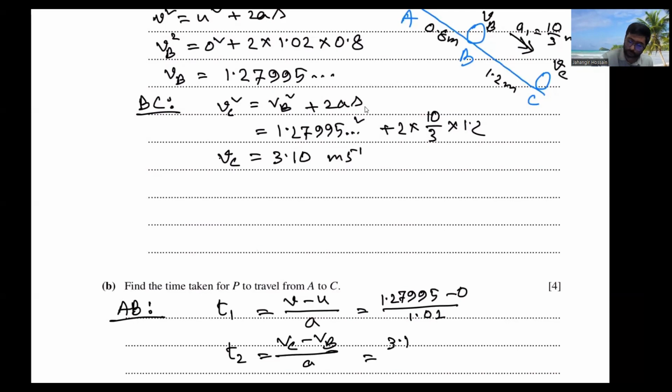And T2 is (VC minus VB) divided by a. VC is 3.10, VB is 1.27995, divided by acceleration 10 by 3.